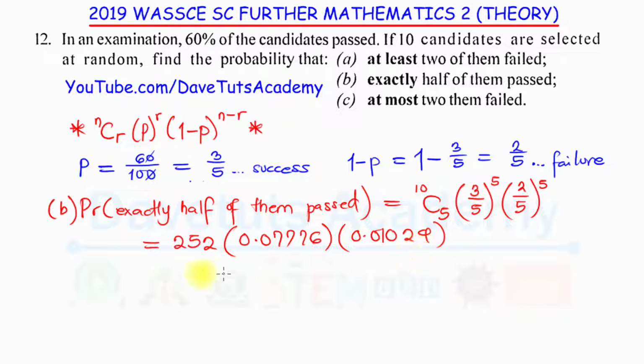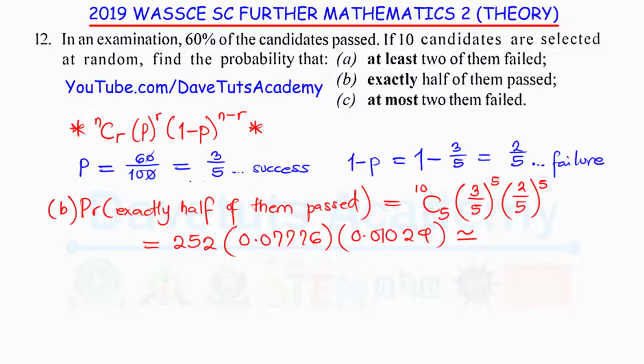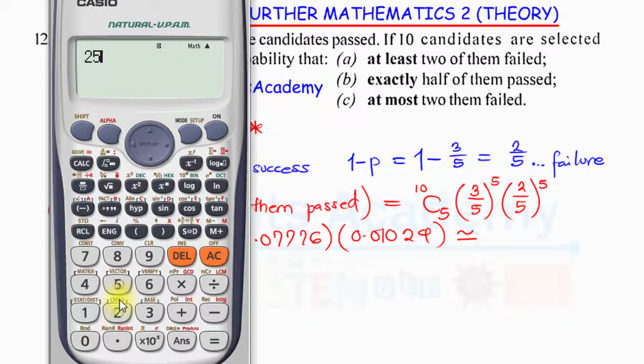And if you are to multiply all of them together and just approximate to 4 decimal places, we'll have it as, let me see, 252 times 0.07776 multiplied by 0.01024.